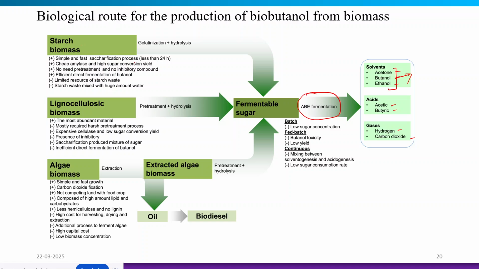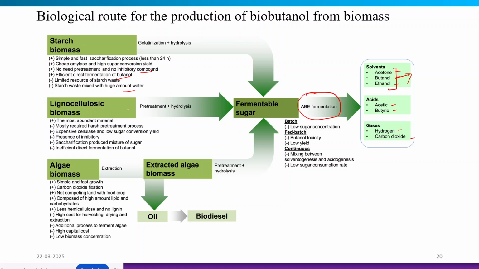Also cheap amylase and high sugar conversion yield, because it comes under the first generation fuel biomass for biofuel production, and there is no need of pretreatment and no inhibitory compound is present, and efficiently we can go for the direct fermentation method to form butanol. But the problems are limited sources of starch waste, and also there is a huge amount of water present.